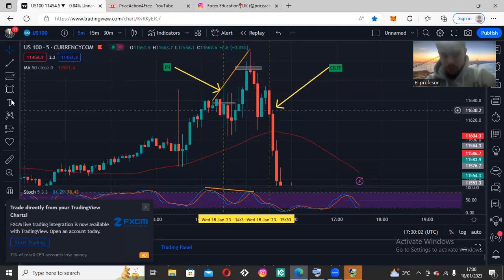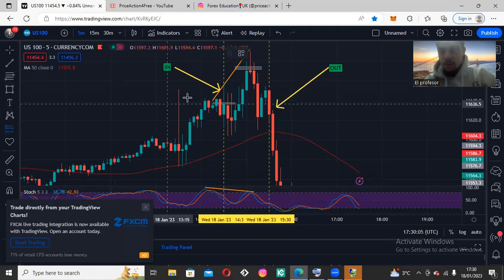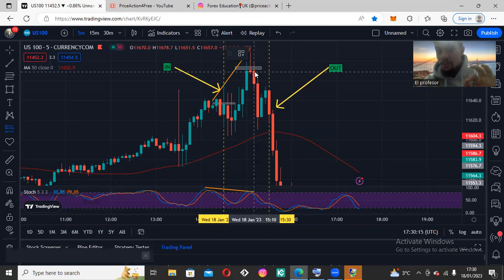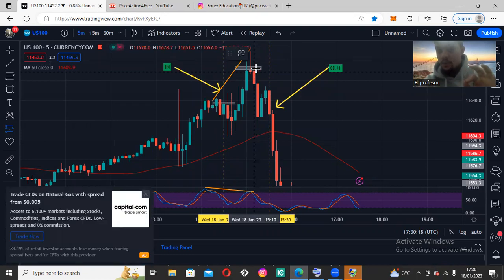What I will do is I will wait for this candle to create the high. Okay, I'm in a bearish market right now, yeah? So I will be waiting for this candle to create the high, which is exactly what happened.